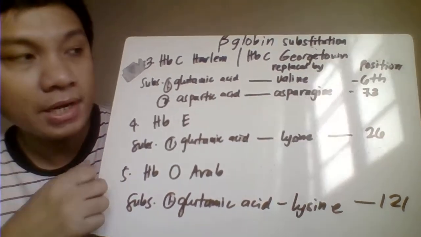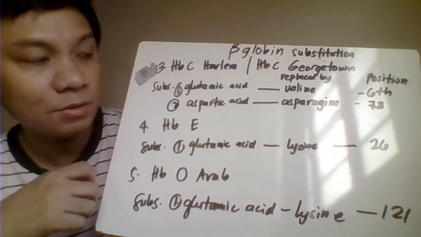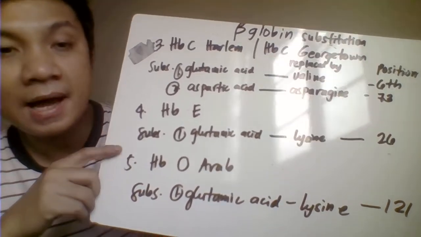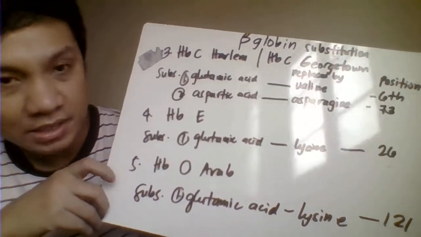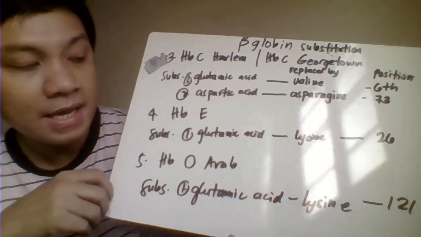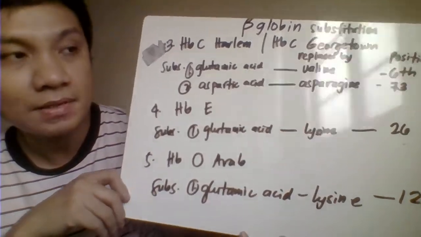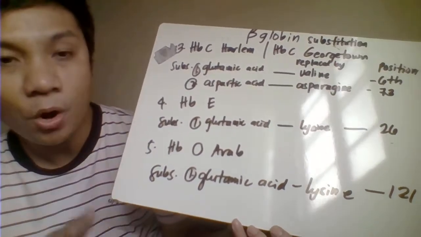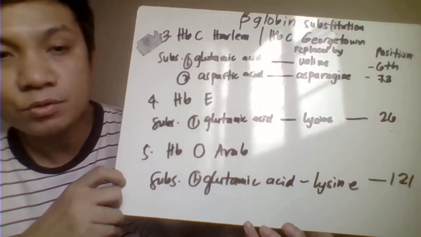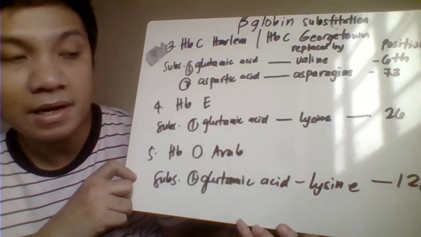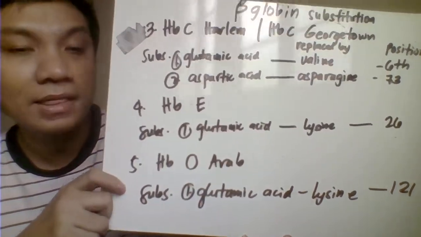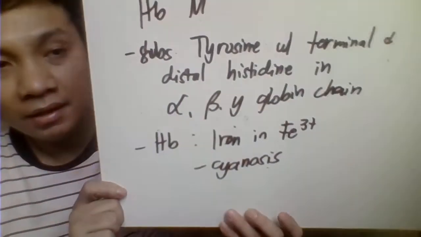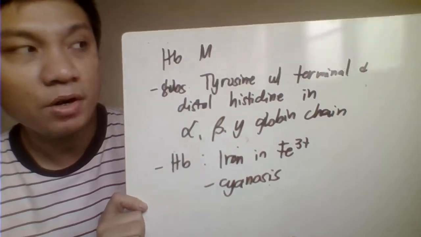Another substitution occurs at amino acid 72, where aspartic acid is replaced by asparagine. Another one, hemoglobin E, is glutamic acid replaced by lysine at position number 26. Hemoglobin O Arab is the substitution of glutamic acid by lysine at position number 121. Okay, then we have your hemoglobin M.